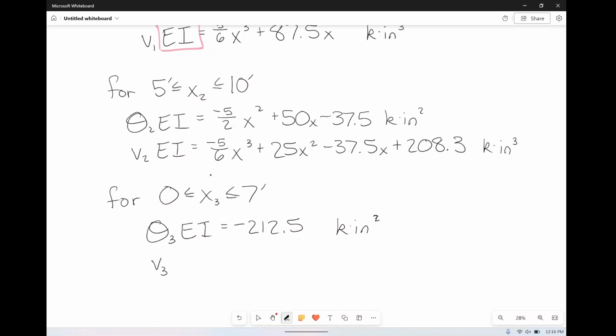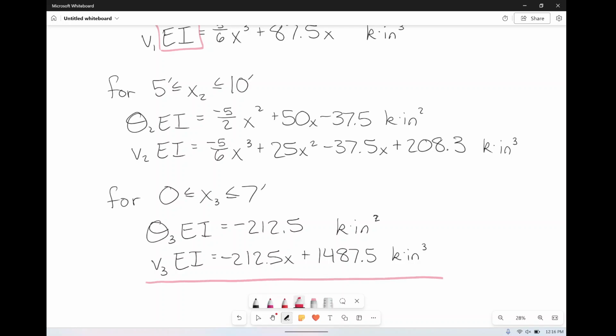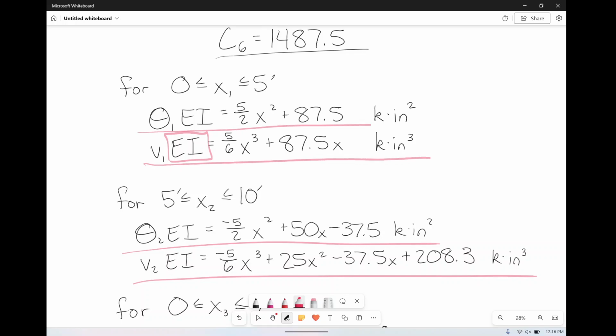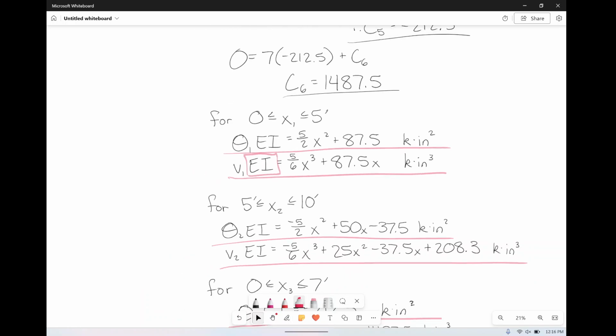Then for deflection 3 times EI, we get C5, which was minus 212.5 times x, plus C6. C6 was 1487.5 kip inches cubed. So in terms of answers, there we have our slopes and deflections at every single point.